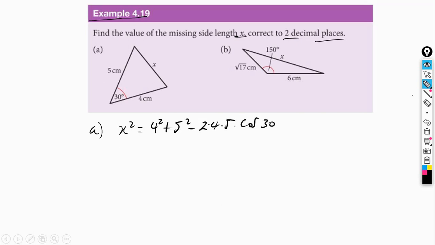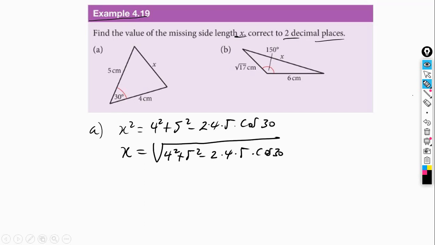So this means that x is equal to the square root of this expression: 4 squared plus 5 squared minus 2 times 4 times 5 times cosine of 30. We plug this into the calculator, and it's going to give us approximately 2.52 centimeters. Don't forget the units. And they said rounded to 2 decimal places.